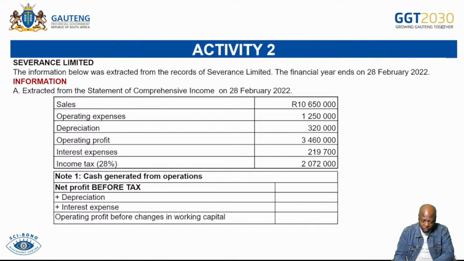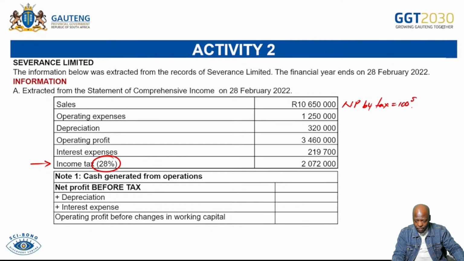All right. Net profit before tax. So here we're given income tax, and income tax is 28%. You have to understand that when you prepare your statement of comprehensive income, you get what we call net profit before tax, and that is 100%.